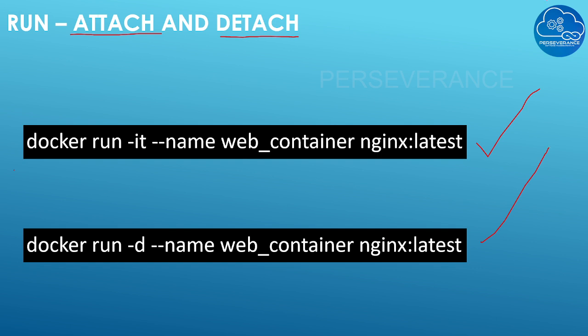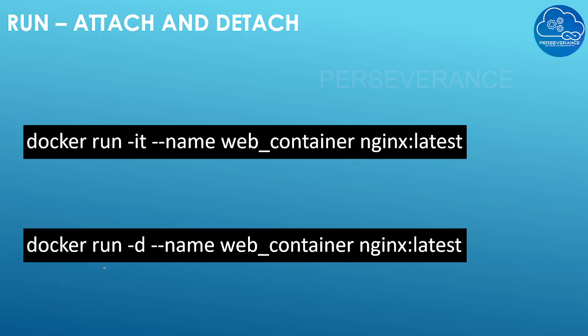Let me explain. This is our virtual machine on which we have installed Docker, correct? If I create a container in attach mode, from the server it will take us into the container. If I create the container in detach mode, we will be on our server itself.